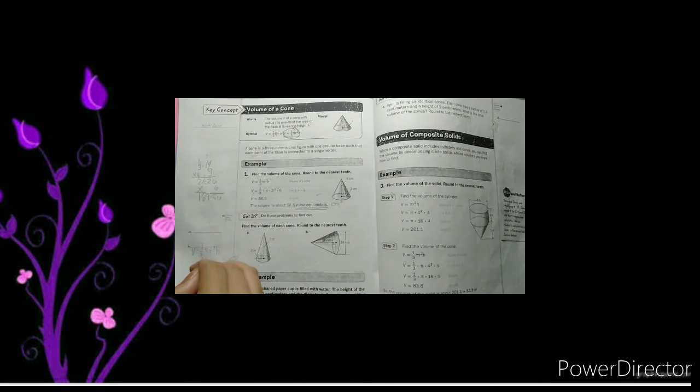So 1/3 times 3.14 times the radius here is 2 squared times 7.